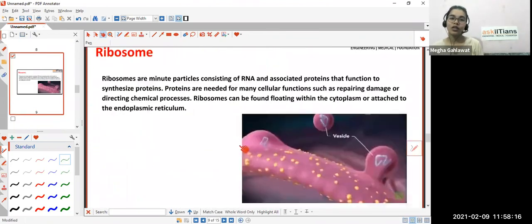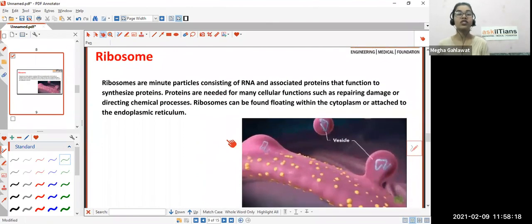The next thing that we are going to study is the ribosomes. Now, I just told you who makes the ribosomes. Nucleolus. What is the function of the ribosomes? Making of proteins. See, ribosomes are minute particles, and they have a lot of RNA and proteins. How do they have the RNA? Because there's a particular process called transcription that we discussed.